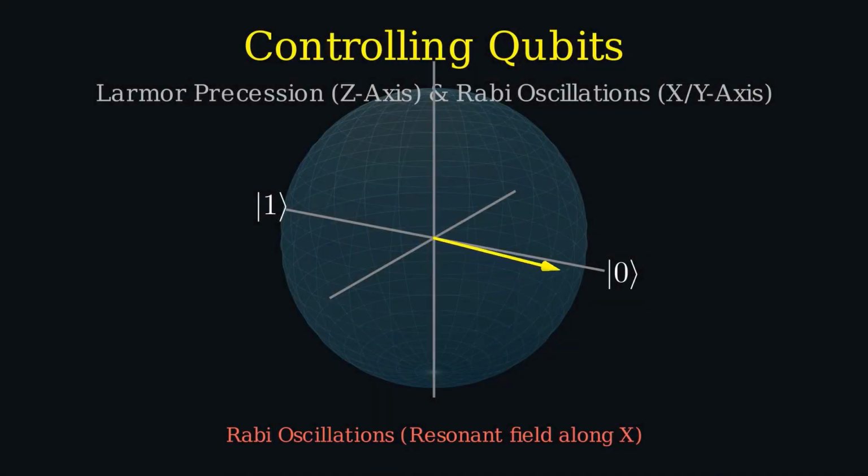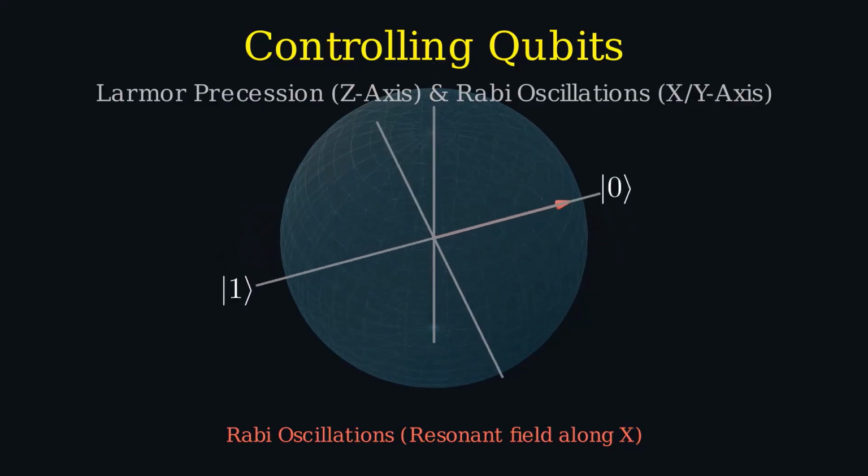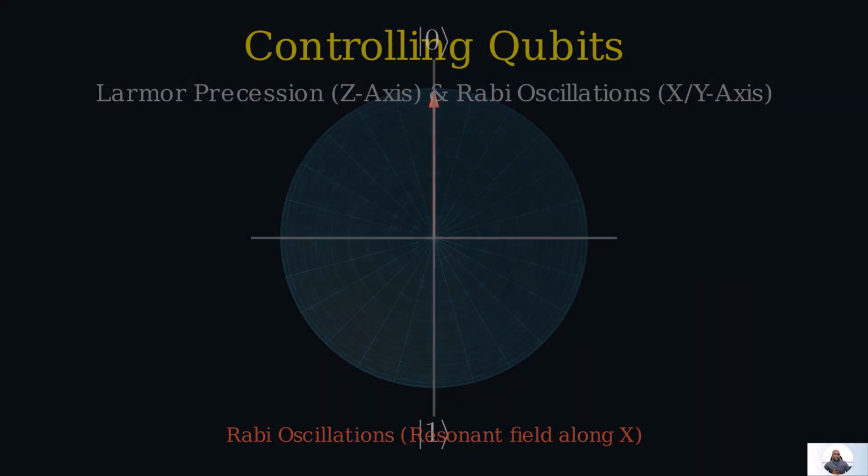But what about the X and Y rotations? Rabi oscillations occur when a two-level quantum system is subjected to an oscillating driving field, typically a microwave pulse in a superconducting qubit or a laser in atomic systems. Here's the key.